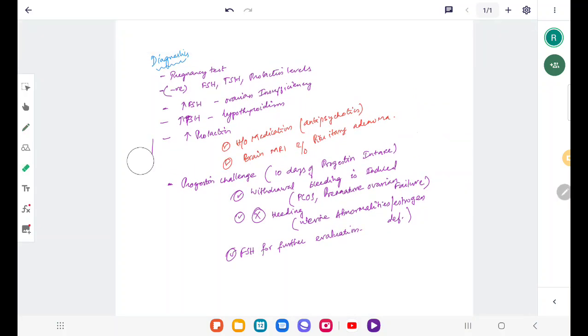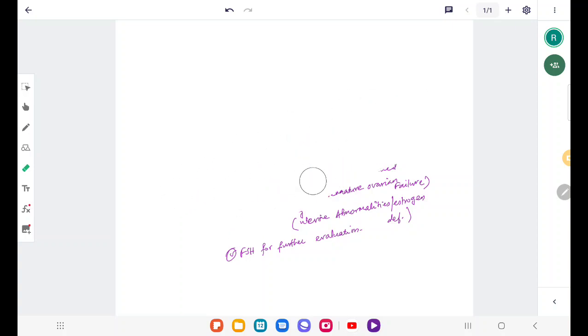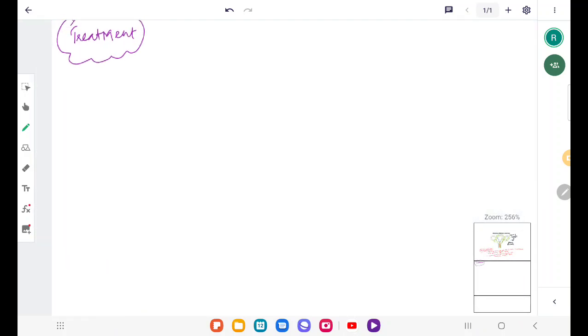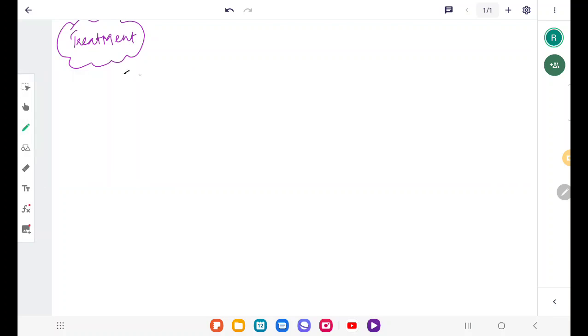So speaking about the treatment, the treatment always depends on the underlying cause. So management of underlying cause.